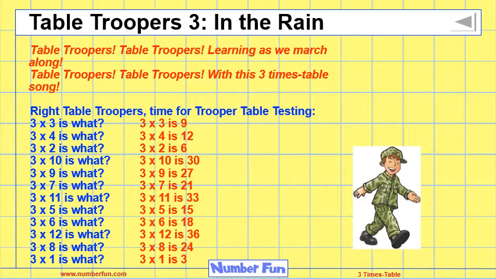Right, troopers, time for trooper table testing. 3 times 3 is 9. 3 times 4 is 12. 3 times 2 is 6. 3 times 10 is 30. 3 times 9 is 27. 3 times 7 is 21. 3 times 11 is 33. 3 times 5 is 15. 3 times 6 is 18. 3 times 12 is 36. 3 times 8 is 24. 3 times 1 is 3.